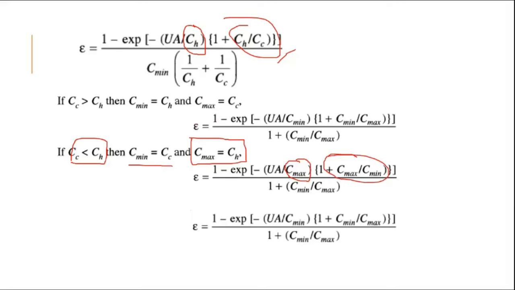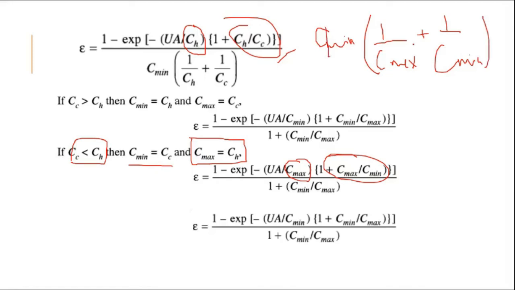For the denominator, what we have Cmin multiplied by 1 by CH. CH is Cmax. So 1 by Cmax plus 1 by Cmin. Again, Cmin and Cmin will get cancelled out, and here we will be getting Cmin by Cmax. So the denominator remains the same. The denominator value is 1 plus Cmin by Cmax.